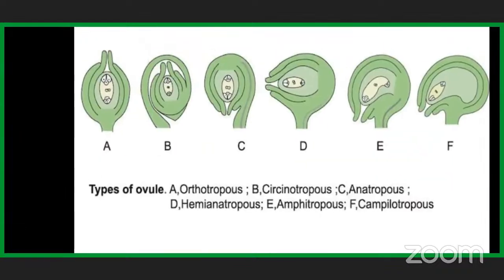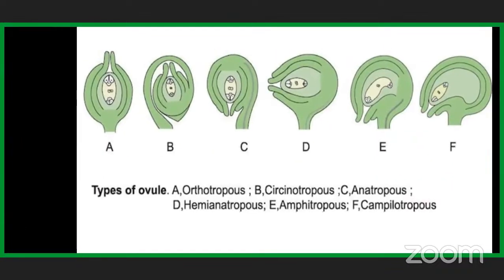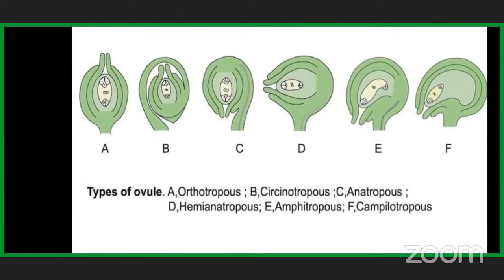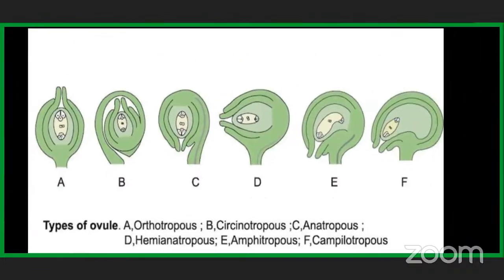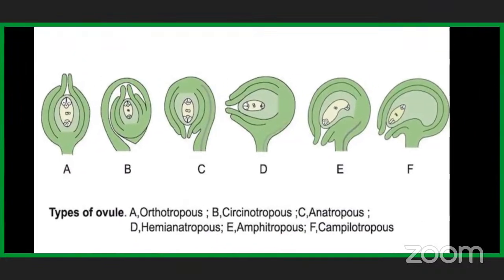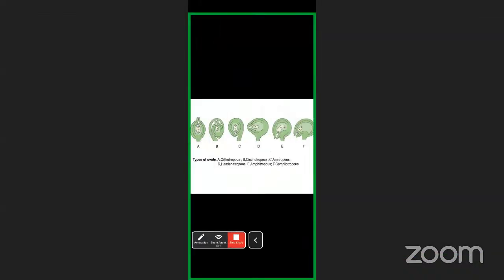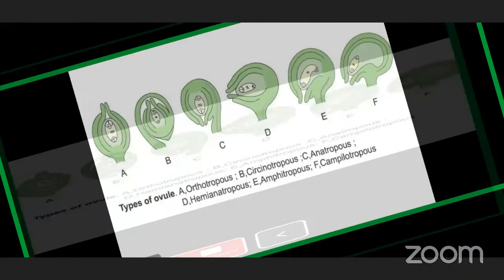These are the types of the embryo sac. You can see the very primitive type of embryo sac, present in gymnosperms and some of the Ranunculaceae and so on.